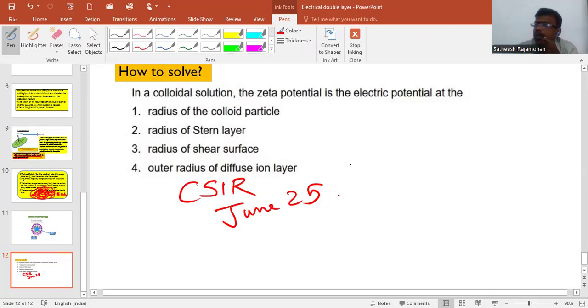So what is the answer now? The radius of the shear surface. It was asked as a 2 mark question, a full mark question. So it's very easy.